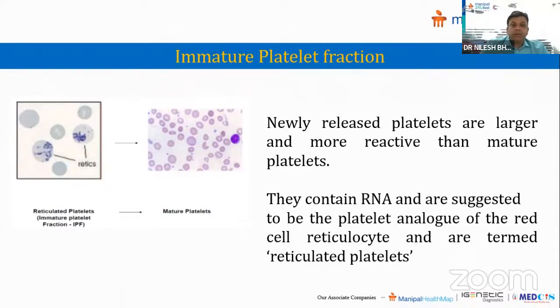These immature platelets contain RNA, in a similar manner to reticulocytes, which have RNA content. Reticulocytes are nothing but young immature RBCs. In a similar manner, immature platelets are young platelets with RNA content, and that's why they are also called reticulated platelets.